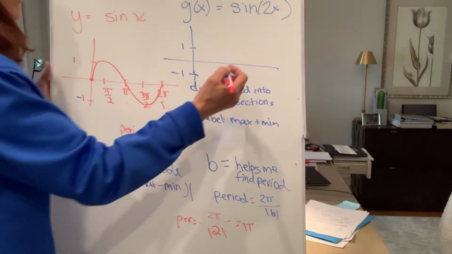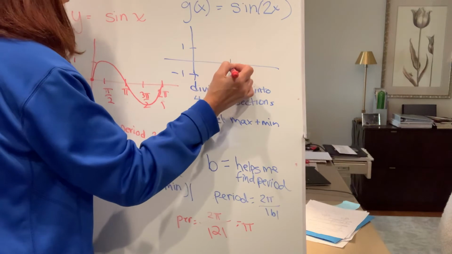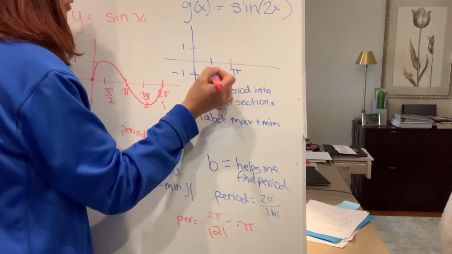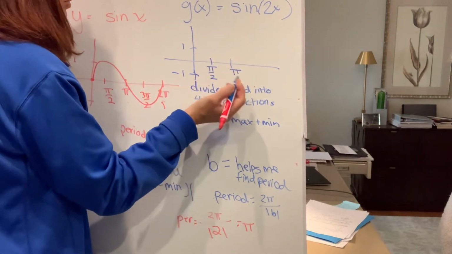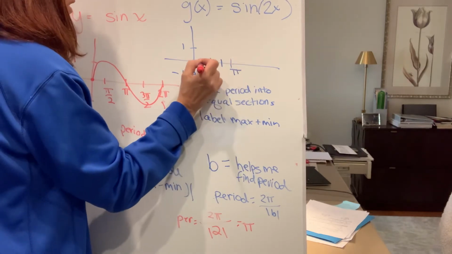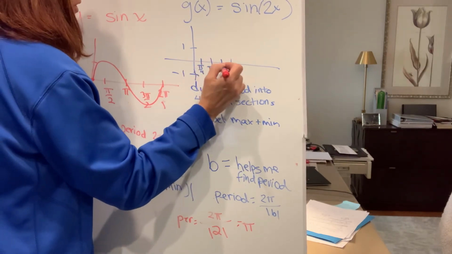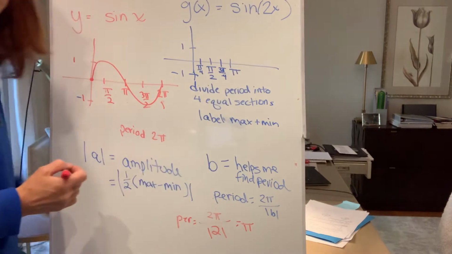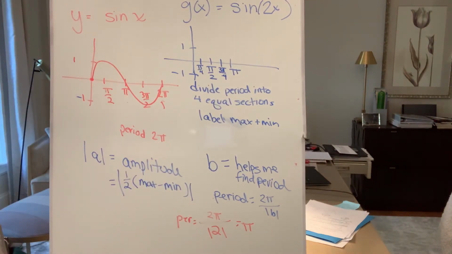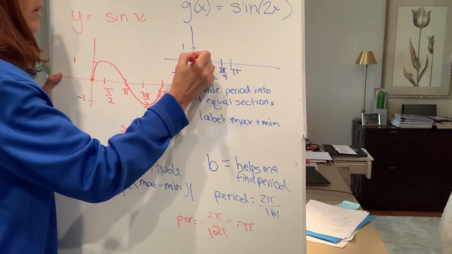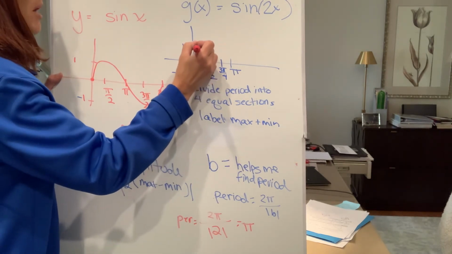All right, so I'm going to divide my axis here. So here's pi. So now my halfway point is going to be pi over 2, and then these points in between are going to be pi over 4 and 3 pi over 4. A sine graph starts at 0. At the first fourth, it goes up.